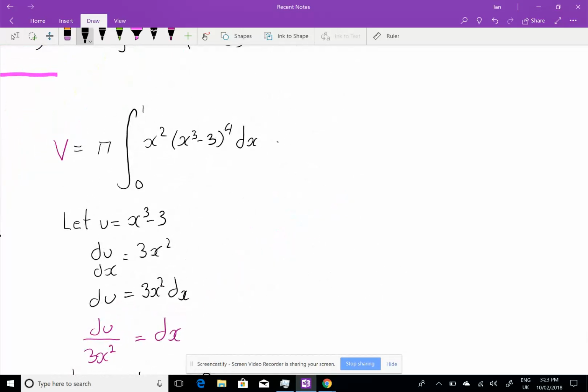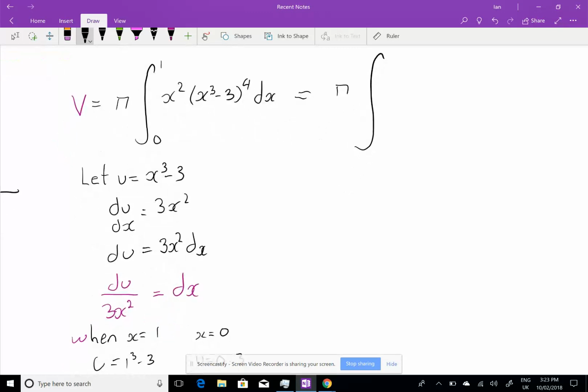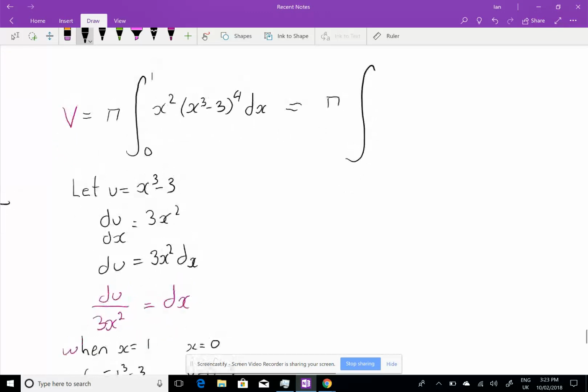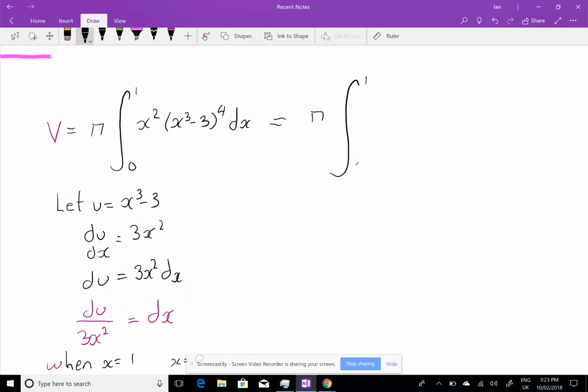So over here, I get pi outside. I'll keep it 1 and 0 in case you're having trouble. I'm going to swap that x cubed minus 3 to the 4. I'm going to put my x squared there, but I'm going to leave a gap in front of it, dx. Now it's almost the same. I've got to make it look the same as that.